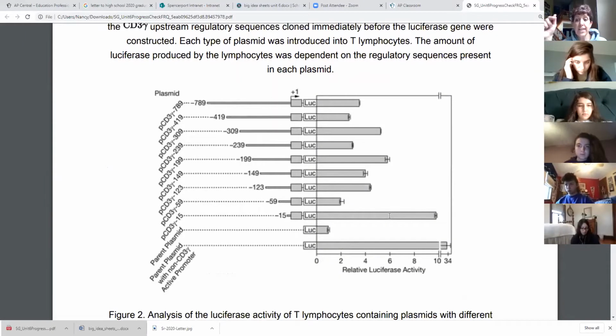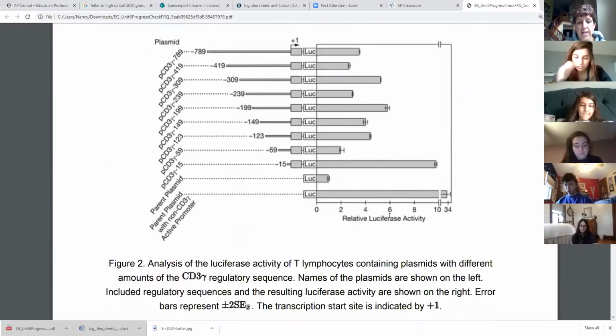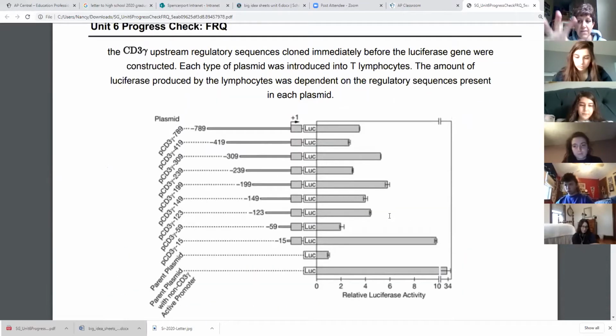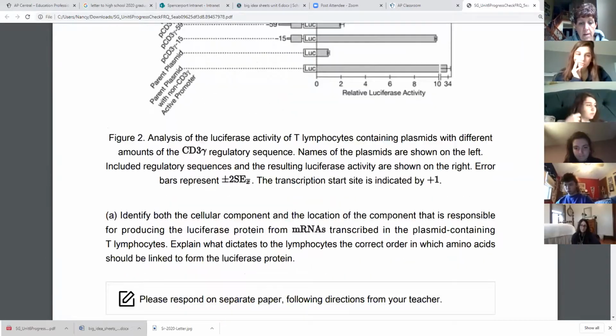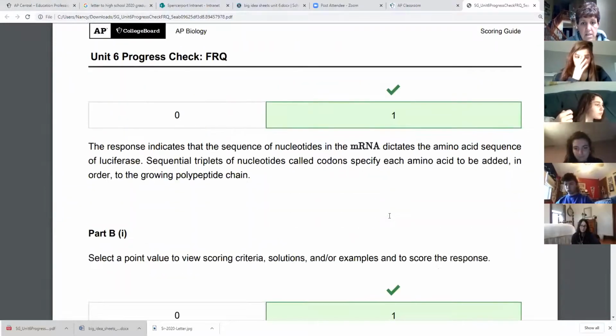I think that any of these diagrams that look overwhelming when you first look at them get easier as you read about them. Take the time to make sure you read what's under it and you understand what this piece of information is actually telling you. All right, I'll move on to the next one.